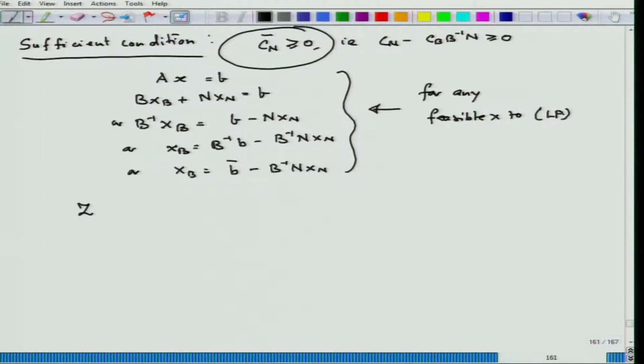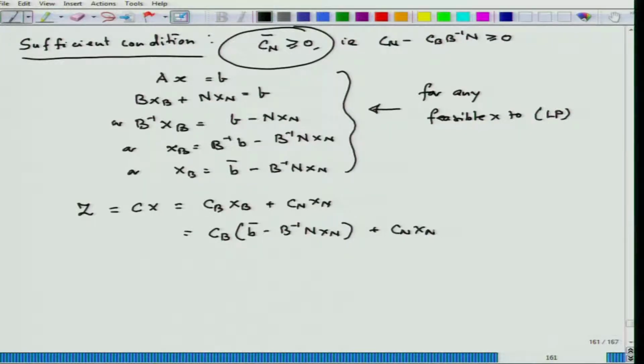X in C. So, let me compute Z of Cx. This gives you CB XB, Cn Xn, just the separation. Cb, what is Xb? It is B bar minus B inverse N Xn plus Cn Xn.